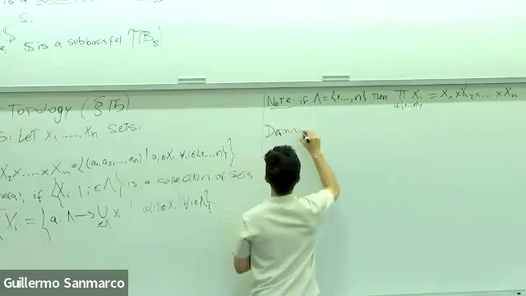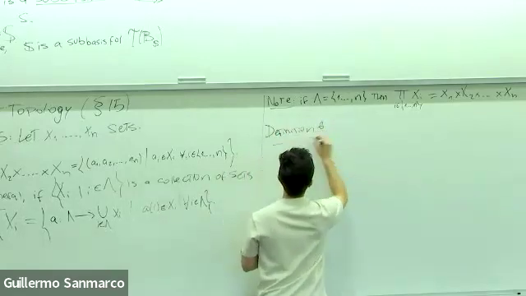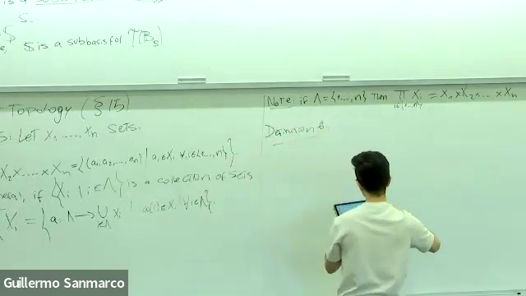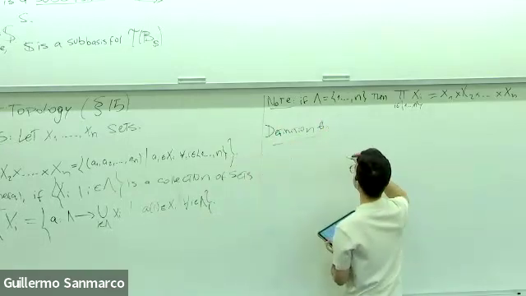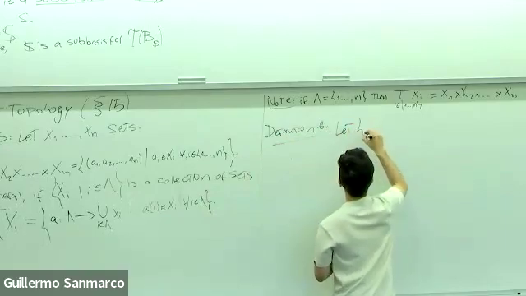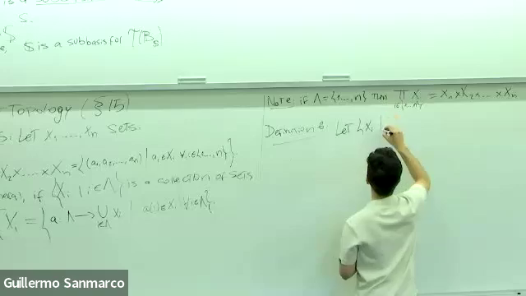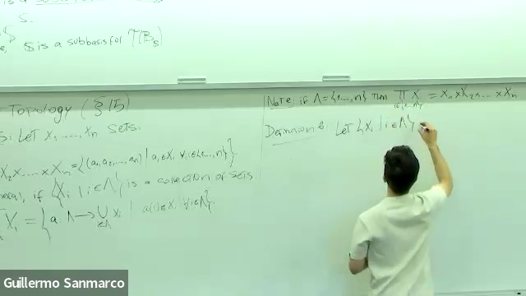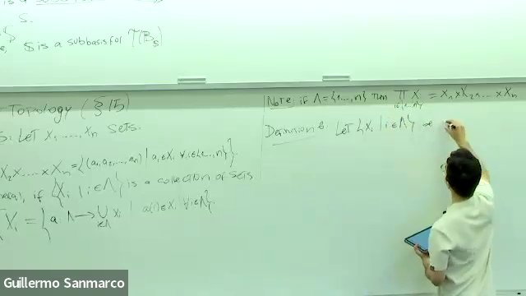So, definition. Now I will start with topological spaces. Let's take a collection of sets Xi, where Lambda is some index set, be a collection of sets.